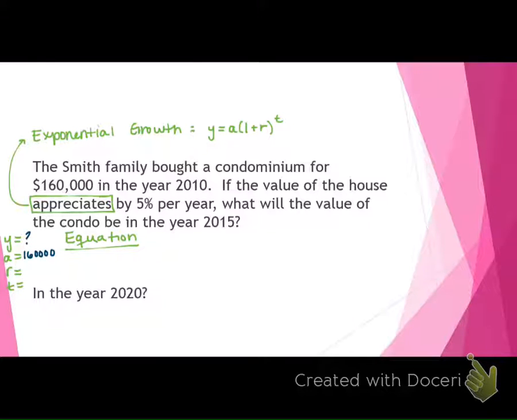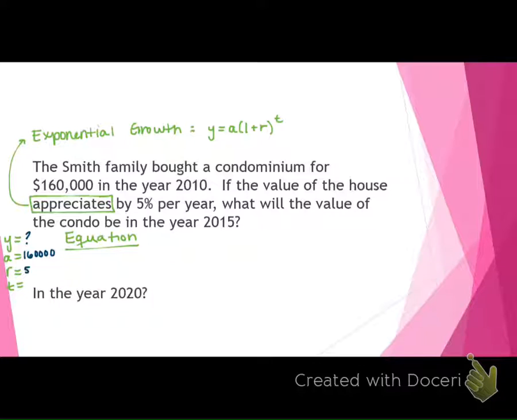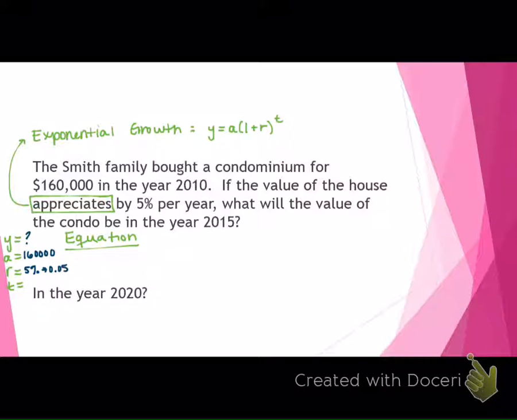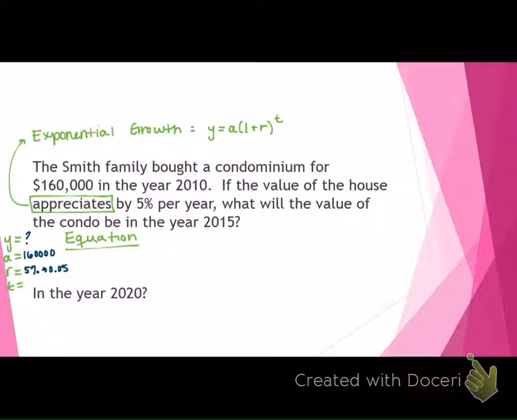Jenny, what is our rate? Perfect. So you must change 5% to 0.05. That's the same thing. So you can either divide that by 100 or move the decimal place to the left. And then we do know time, but this is going to be our changing amount here.